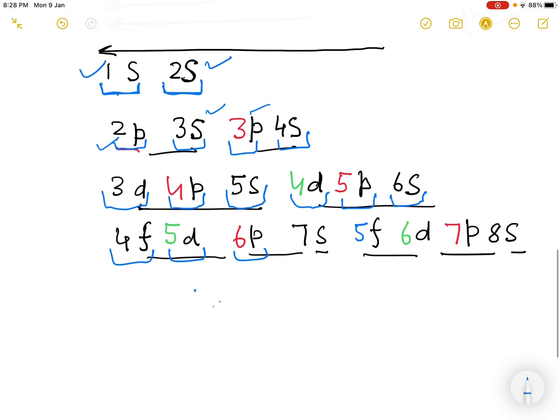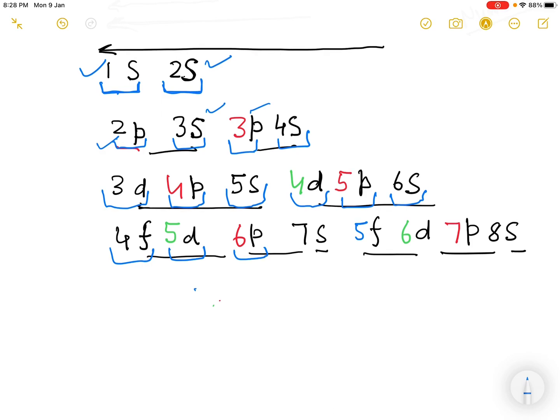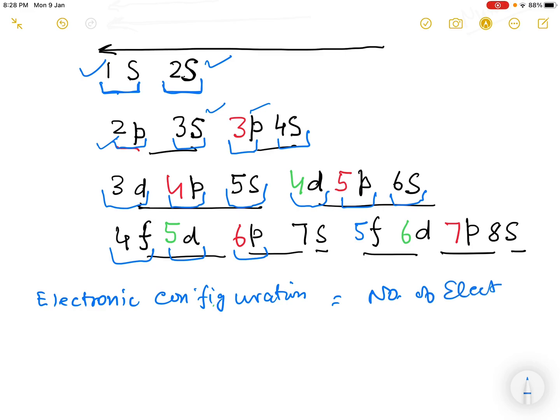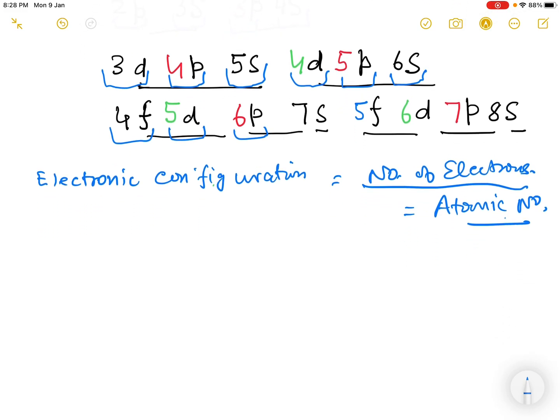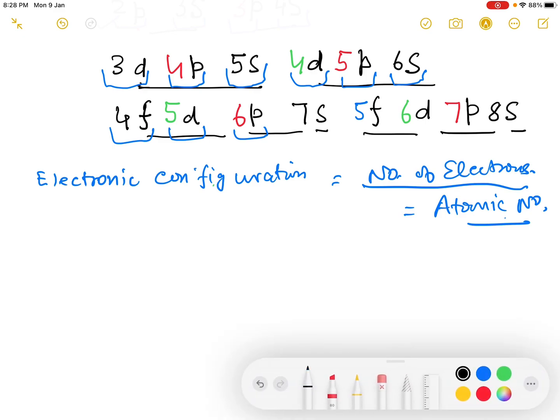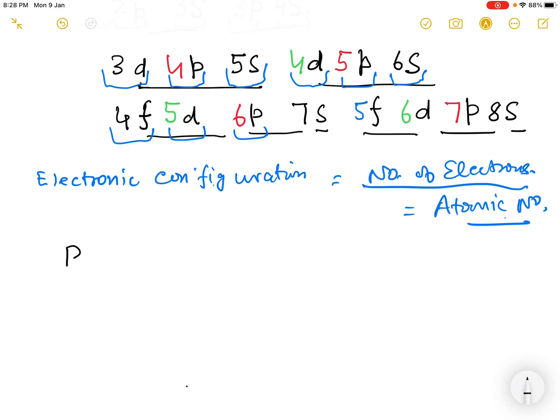Now we will say how the electrons are arranged, and how we can determine electronic configuration. For electronic configuration, we have to know the number of electrons in an atom, and the number of electrons is equal to the atomic number. So we first have to see what the atomic number of an element is. Suppose we have to find the electronic configuration of boron.